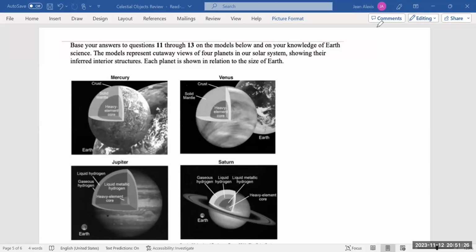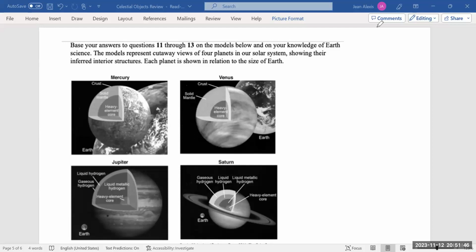Number 11. It says, base your answers to questions 11 to 13 on the models below and on your knowledge of earth science. So once again, these models and this diagram below could possibly help us not only for number 11, but 11 to 13. Keep that in mind. Make sure that you're always reading.